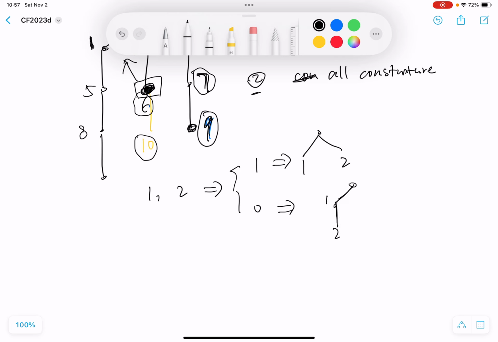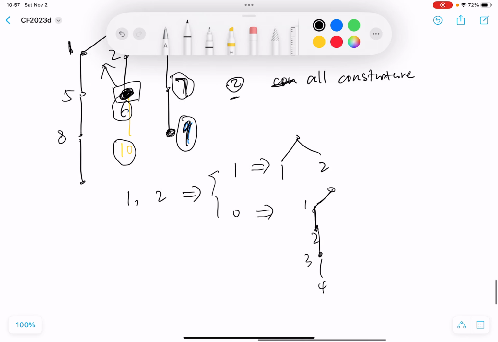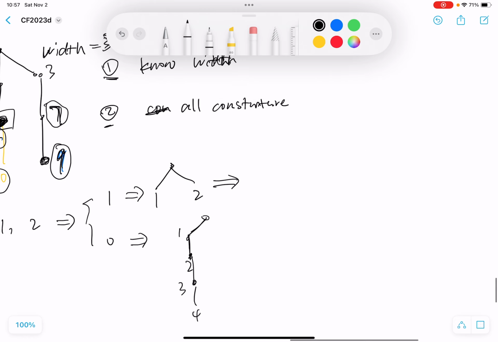In this situation, 3 must be the child node of 2, and this is 3, this will be 4, we don't need to query more. But if 1 and 2 are both children of node 0, we can also query 1, 3.